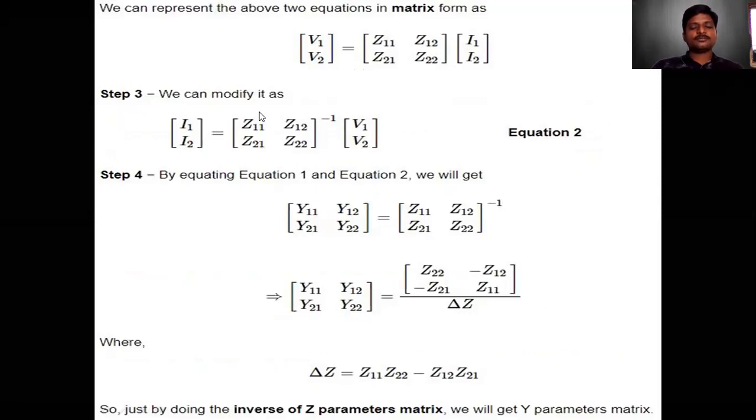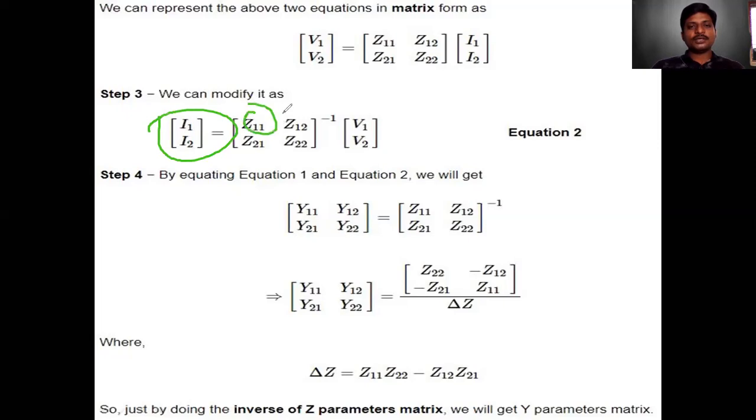Normally we will write I1 is equal to Y11 V1 plus Y12 V2. But here, instead of Y11 and Y12, we are taking the inverse. Inverse means matrix inverse here.